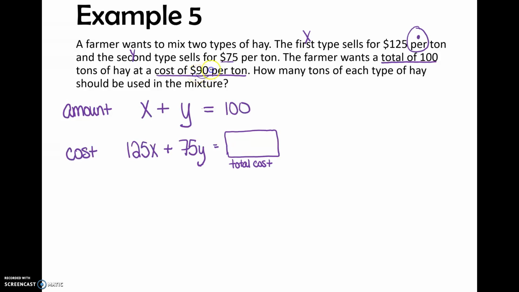The problem is $90 is not the total cost. They're saying it's going to be $90 per ton. How many tons are we getting total? 100. $90 times 100 tons is going to give us a total of $9,000.